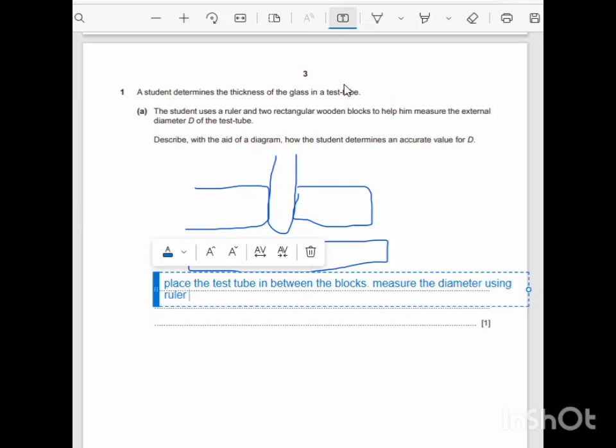Okay, what you can do is take a value at the end of one rectangular block and take one value at the start of the other rectangular block, and then you subtract both of them, right? So take the values from the edges around the test tube.